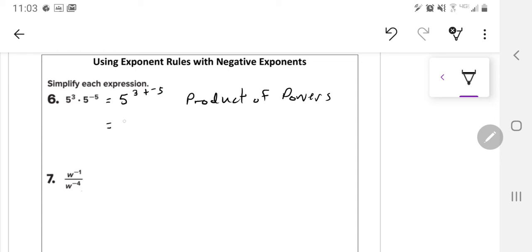What's 3 plus negative 5? That's going to be negative 2. So that's 5 to the negative 2. Or I can rewrite it with just a positive exponent by writing it as 1 over 5 to the second, right? Take the reciprocal and take the opposite of the exponent.